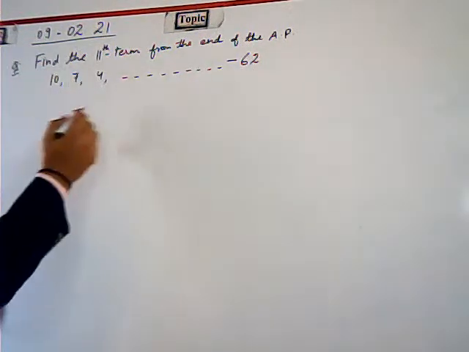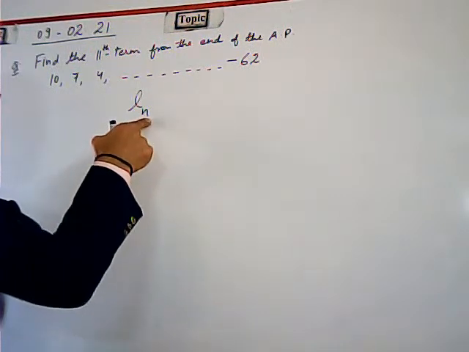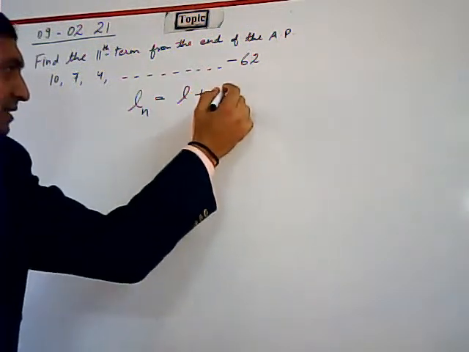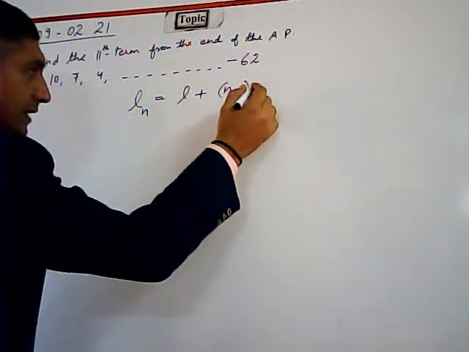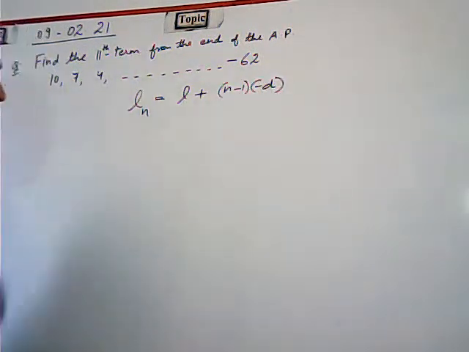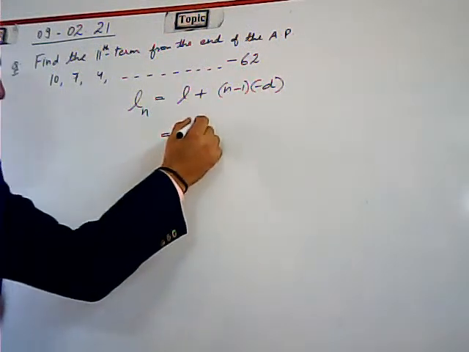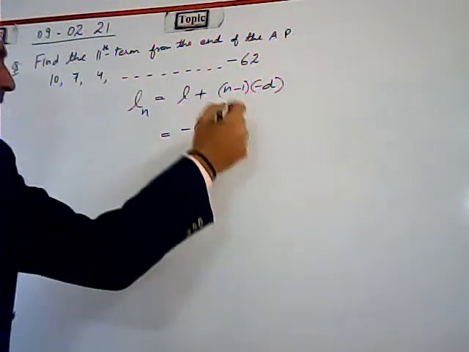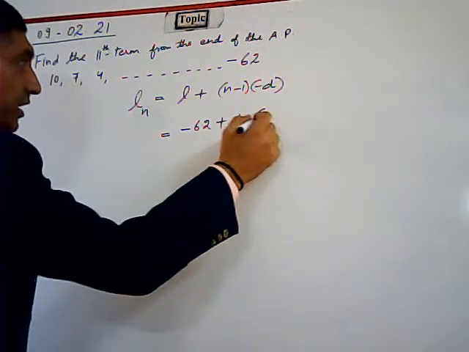So we know the formula that the nth term from the last is equal to last term plus n minus 1 into d, minus d is negative, right? So here last term, that is minus of 62 plus 10 minus 1, that is 11 minus 1 is 10 into d.